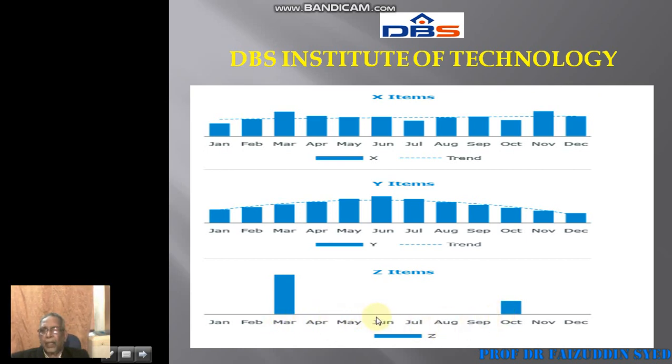These rarely needed items we keep under some other name, and these items should also be managed properly. You should know when the demand will be created for this type of items. So these types of items are very important items.